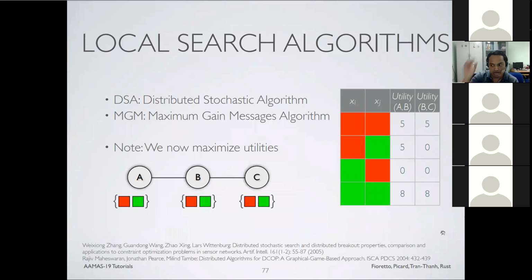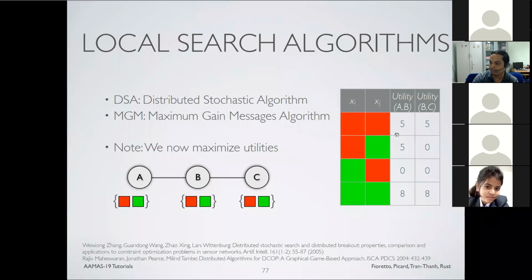Now, take the same example as maximization, or maximizing utilities. Here the same table is given, xi and xj, with utilities for AB and BC. If both are red, the utility is 5.